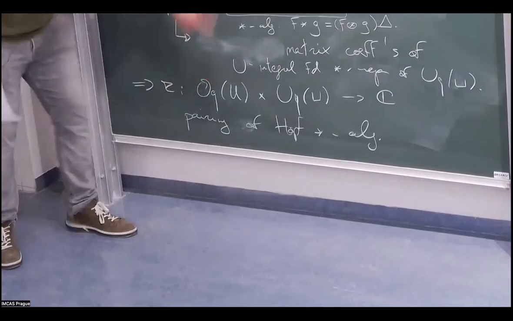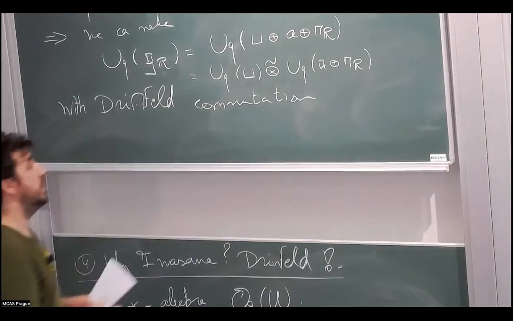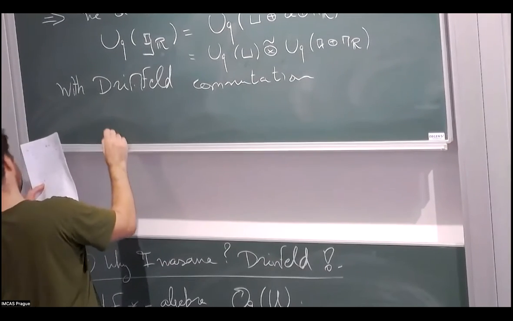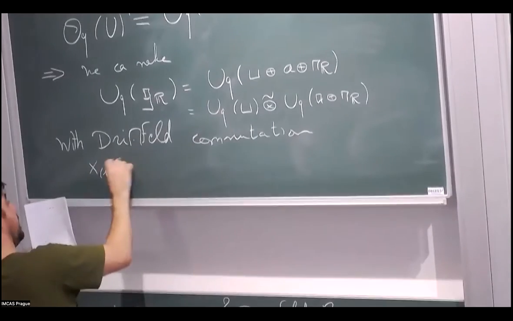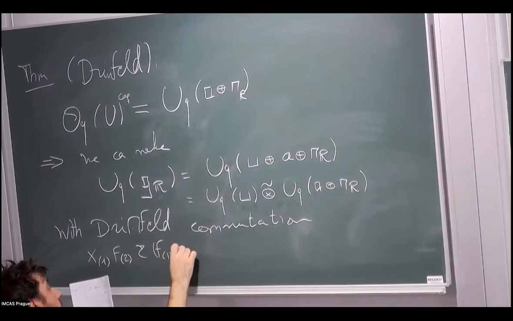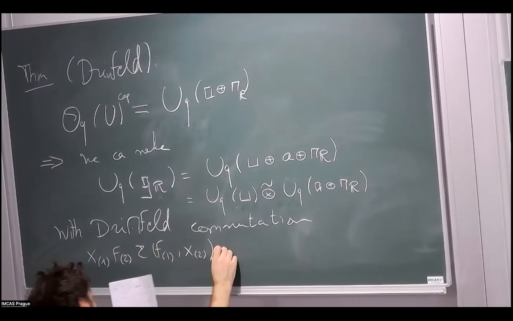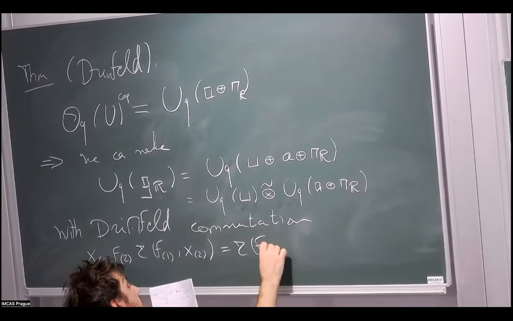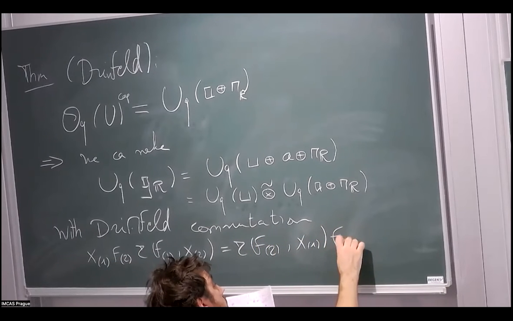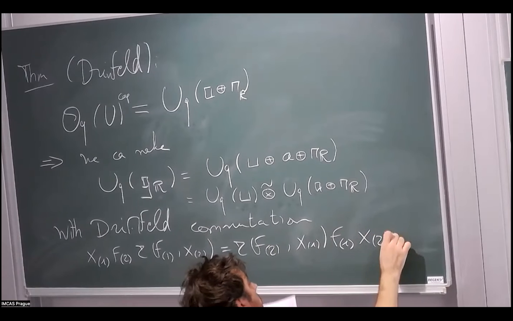So U_q(U) and U_q of A plus N_R are the same thing. I can say they have to commute by this relation here. So let me just write it down to have a fixed formula, but I won't need it further in the talk. Just to show you that there is something very concrete going on, and it's something you can actually work with.